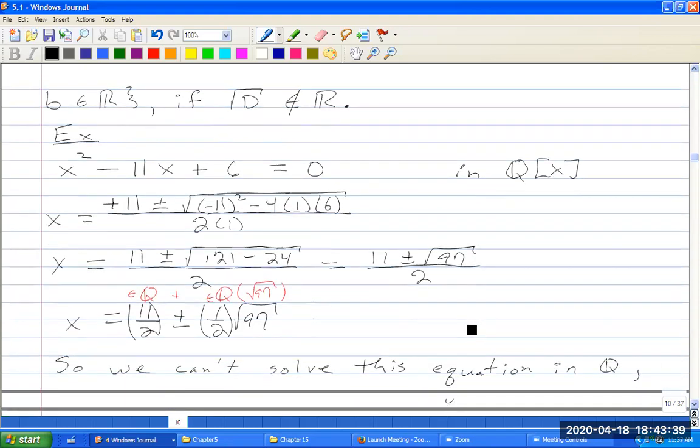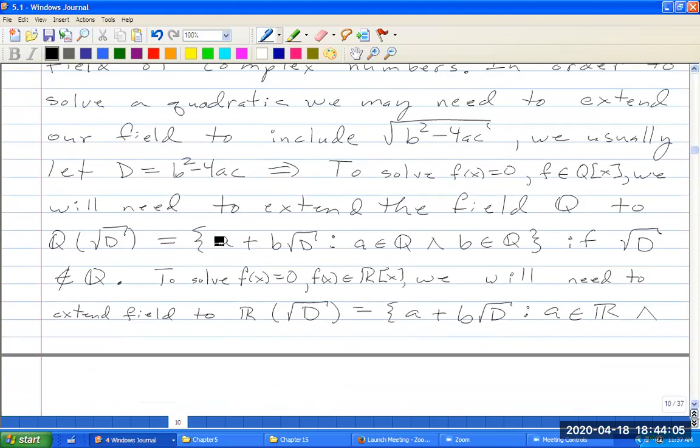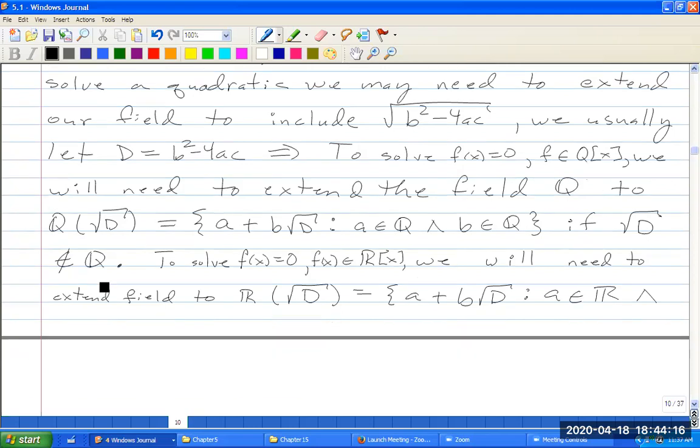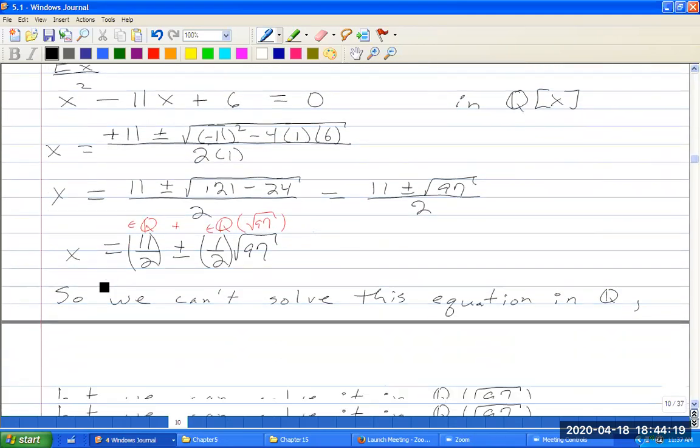And so I have that x is equal to 11 over 2 plus or minus 1/2 times the square root of 97. And so I have a rational number plus a rational number times the square root of 97, where the square root of 97 is not rational.